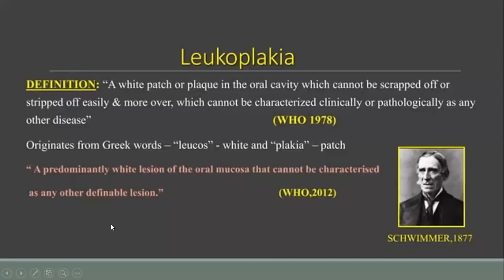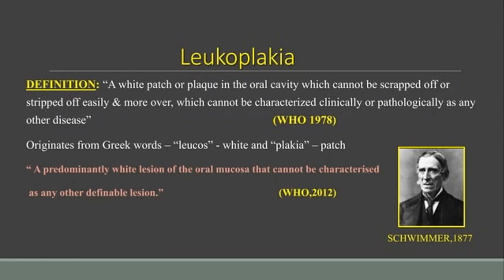Leukoplakia. The definition given by the World Health Organization is a white patch or plaque in the oral cavity which cannot be scraped off or stripped off easily, and which cannot be characterized clinically or pathologically as any other disease, which makes it really difficult to differentiate.